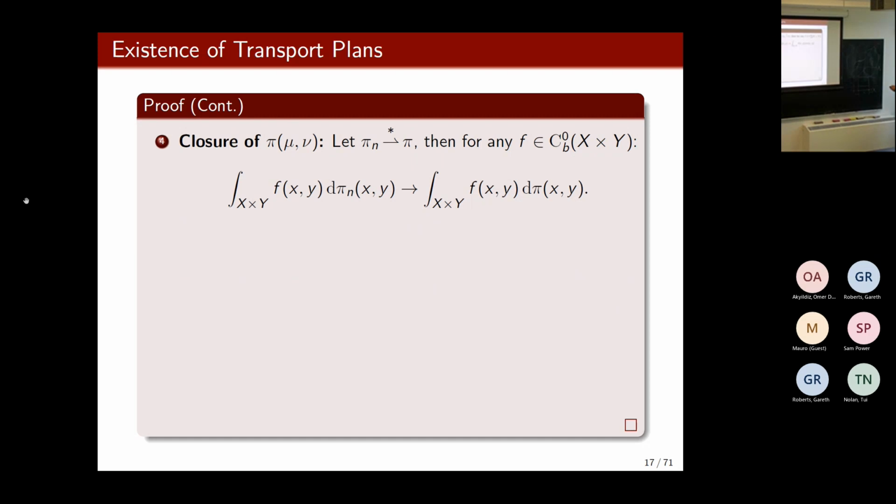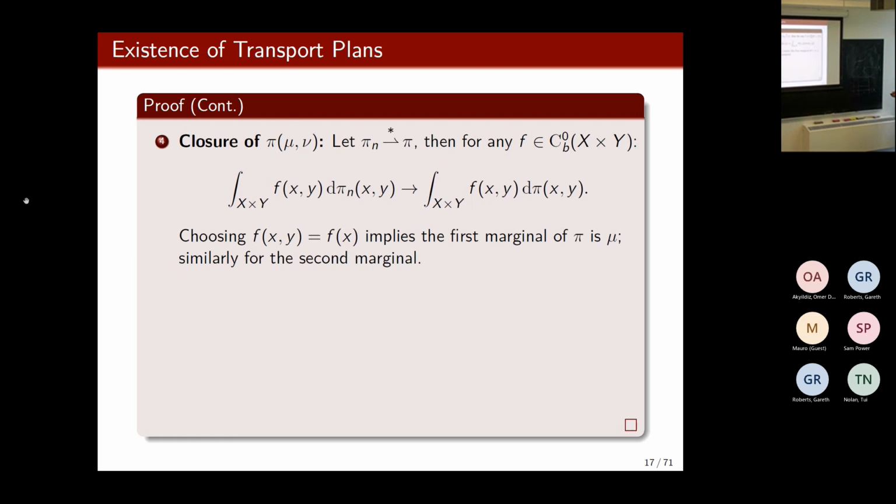If I choose my f such that f of x, y only depends on x, then this thing here is just going to be equal to the integral of f of x with respect to mu of x. This means the first marginal of pi has to be mu, and it's the same argument for the second marginal. So I have closure.